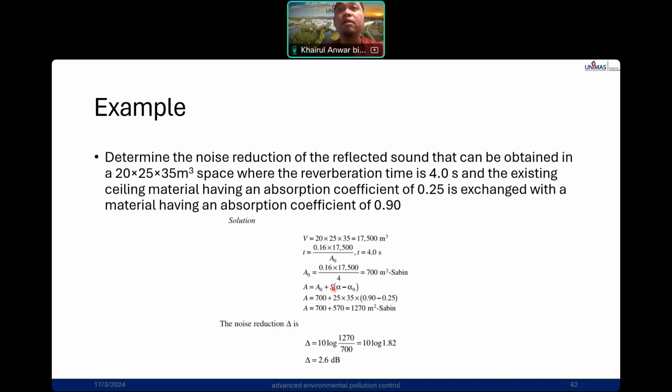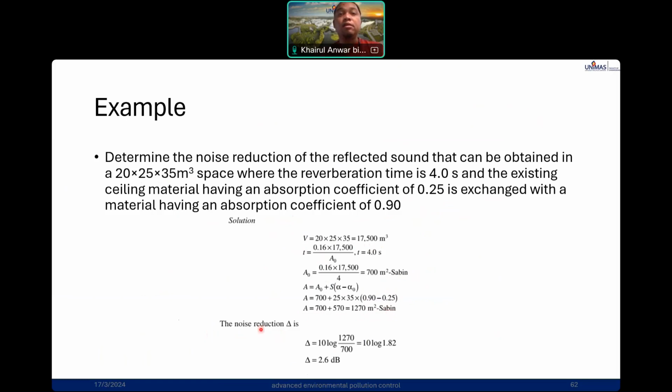So S here refers to the ceiling material, so 25 times 35 meter square. Then 0.9 minus. So the new material has an absorption coefficient of 0.9, and the existing ceiling is 0.25. 0.9 minus 0.25, so A equal to 1270 meters squared.